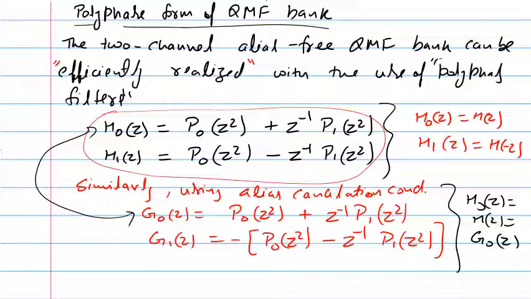Additionally, I also told you that G1(z) is equal to −H1(z), and this is basically H0(−z). So if you translate all those things, you'll be getting this. Not going into the further explanation.